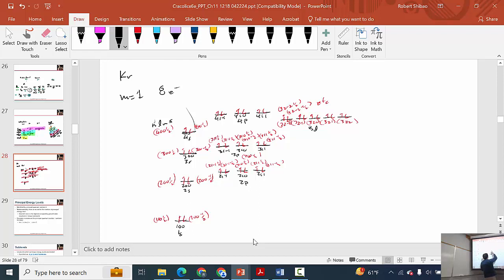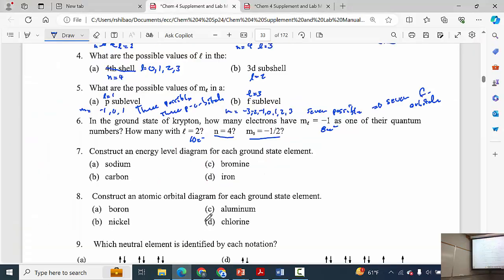So 18 plus 18 is 36 electrons. So krypton has 36 electrons. Of those 36 electrons, how many are spin down? 18. Half of them are spin down. The S equals minus 1/2, and so this is spin down. So it's 18 electrons.